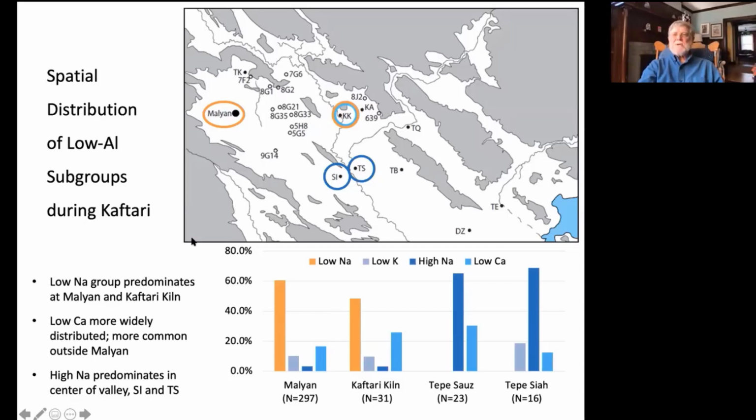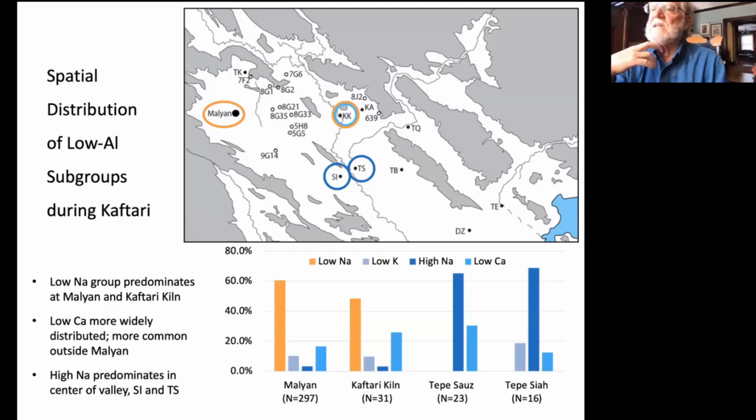Again, how do we explain this pattern? I'm going to propose here, and Leah Mink and I talked about this a lot, that the high sodium clays are being used to make Kaftari pottery at Tepes, Soz, and Sia.